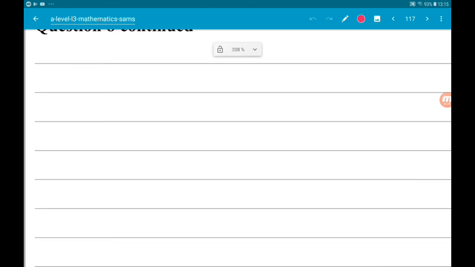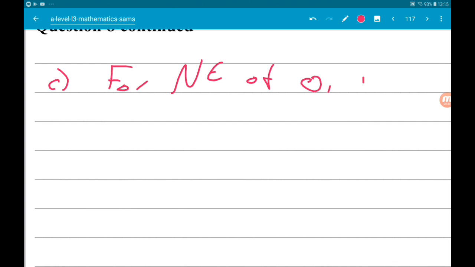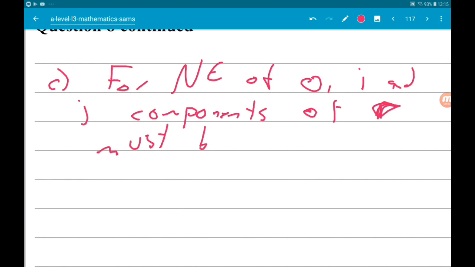So for northeast of O, the I and J components of R must be equal. So that's going to give us that.